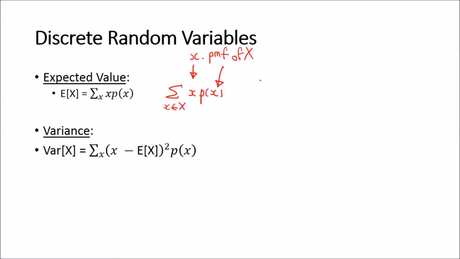And note too that expected value is synonymous with the idea of the mean of the distribution. What is the mean of the random variable x? Well, it's the expected value. So the variance of the random variable x is the summation over the entire support of x minus its mean, squared, times the probability mass function of x.